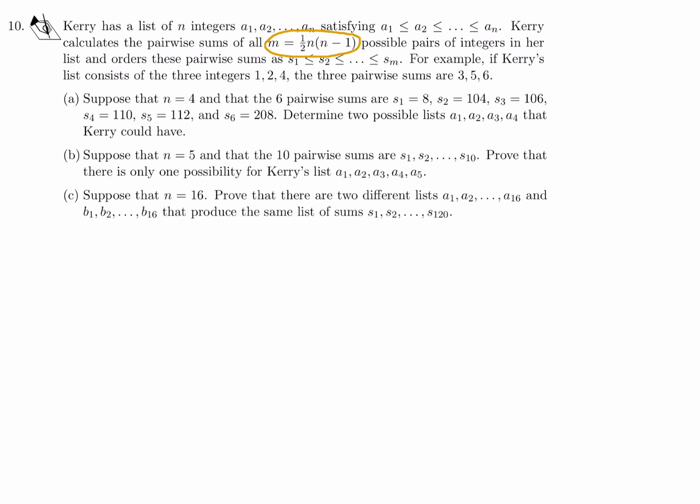Don't get confused by that. They're just saying how many pairs are there? For example, if there were 5 numbers, how many pairs are there? Well, for the first number, you have 5 choices. For the second number, you have 4 choices.